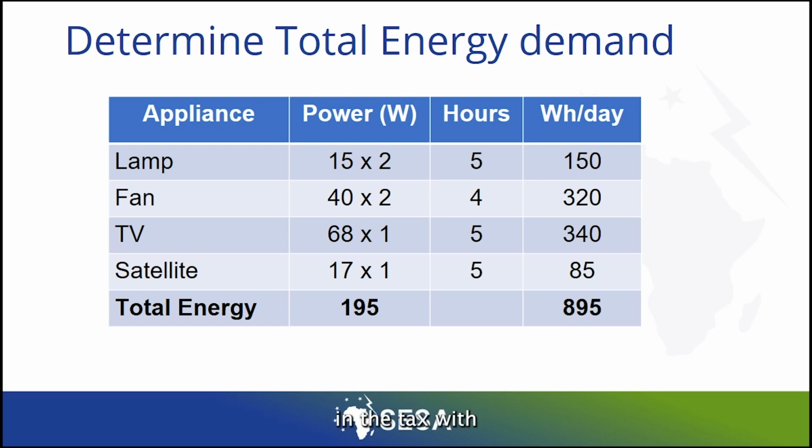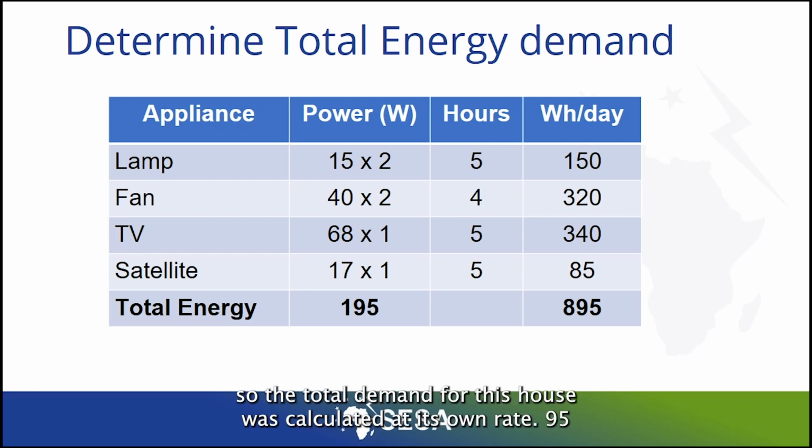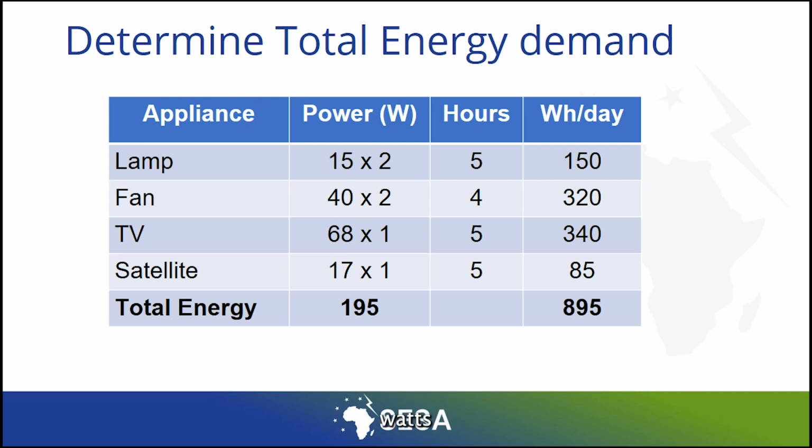For the lamps in the task, we're given 2 lamps, 15 watts each, fans, 2 of them, 40 watts each, TV 1, 68 watts, and satellite 1, 17 watts. And the hours of usage were also provided. So to get the demand, you multiply the total wattage times the hours of usage. So the total demand for this house was calculated at 895 watts.